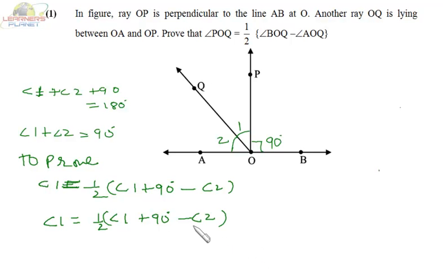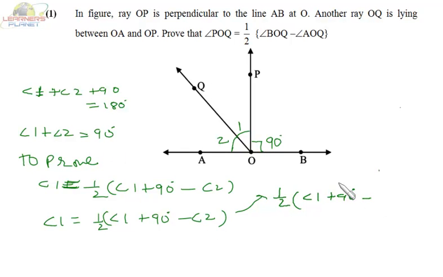Now in this relationship, what I want on the left hand side is angle 1. So I replace angle 2 using this equation: angle 2 is actually 90 minus angle 1. Taking the right hand side of the relationship, it's half of angle 1 plus 90 minus, what is angle 2?